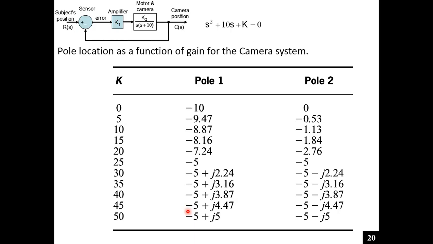So if we require a critically damped response, we can set the value of K to 25, or any other desired response can be selected from these values. But for a higher order system, it is difficult to find manually, and we will need the root locus technique to draw this pole plot.